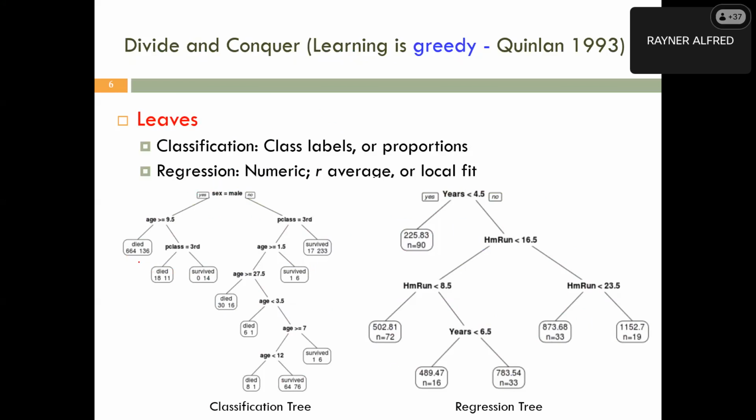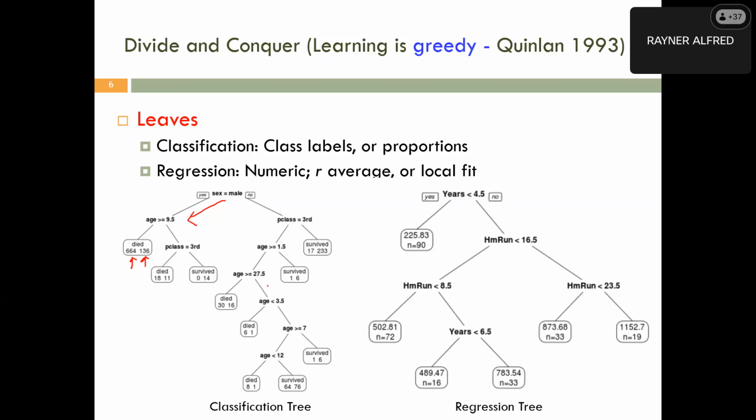This one refers to the number of correct classifications, and this one refers to the number of incorrect classifications. So they said that if you are male and your age is greater than or equal to 9.5, then die.